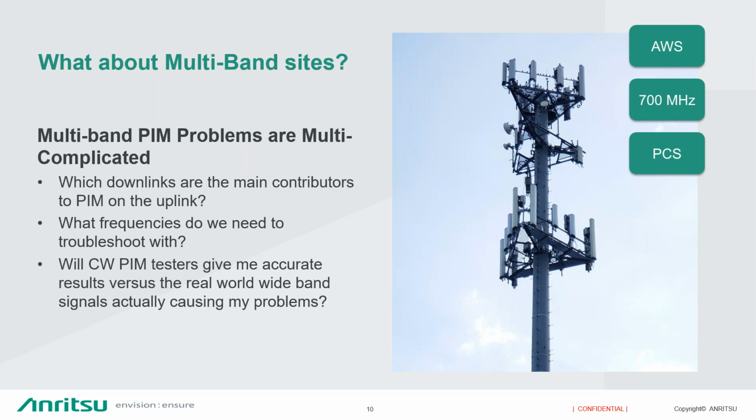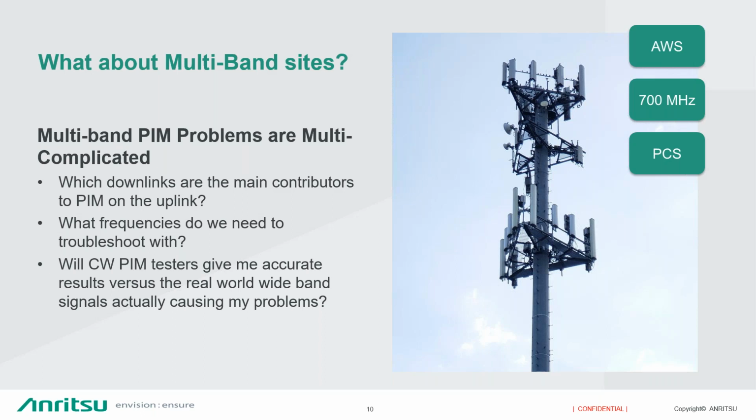There's always a question I get: will CW PIM testers give me accurate results versus real world wideband signals actually causing my problems? The answer to that question is it depends. It depends because if there are single frequencies in the wideband transmitter that are interacting, then the results will mimic a CW PIM tester.